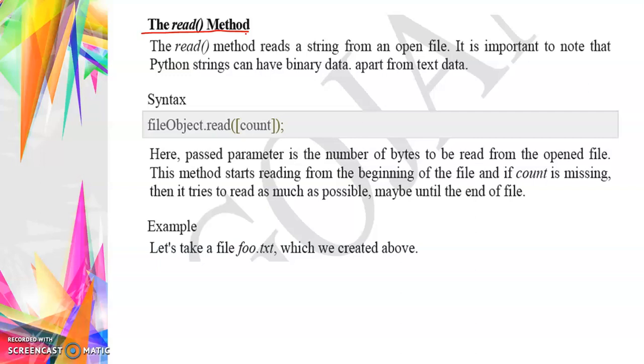The file has some content, and we are going to read it from the particular file foo.txt, so that's why we have to use the read method. The read method reads a string from an open file.